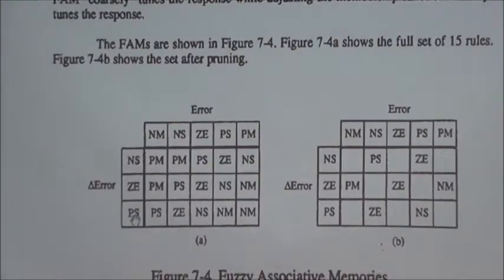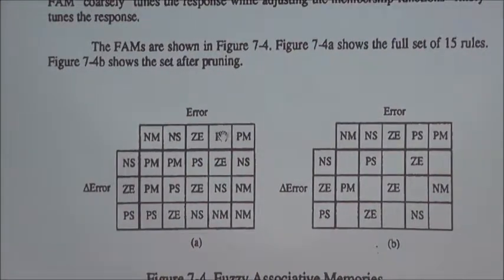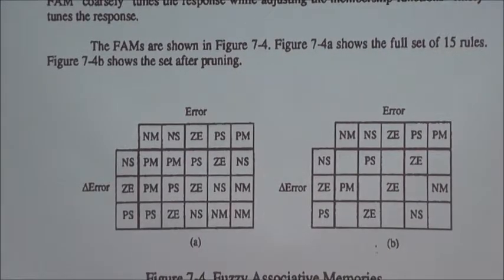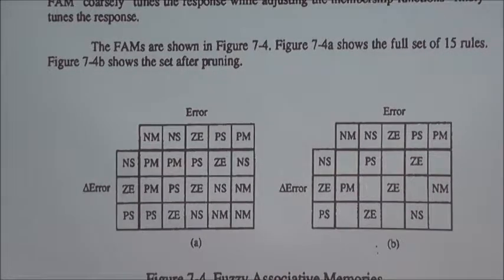So combining error, if error is something and the change of error is something else, then the output is something. They're all linguistic. You can see that when you have 5 membership functions and 3 combining into the controller, your maximum number of rules is 5 times 3, 15 rules.